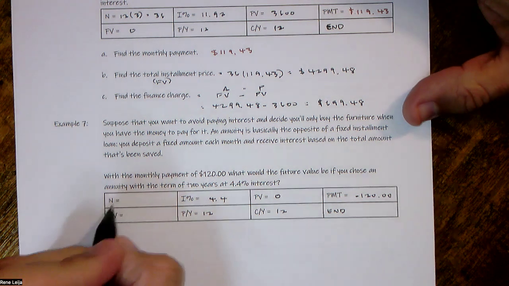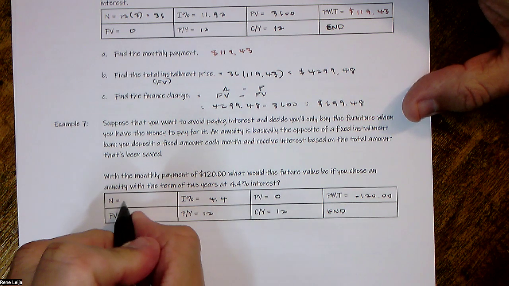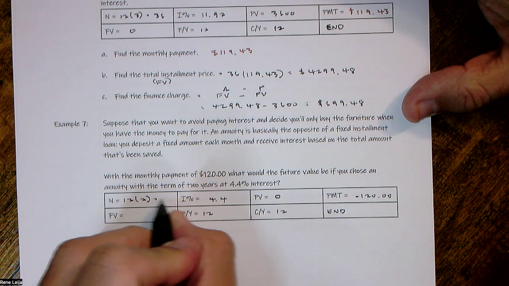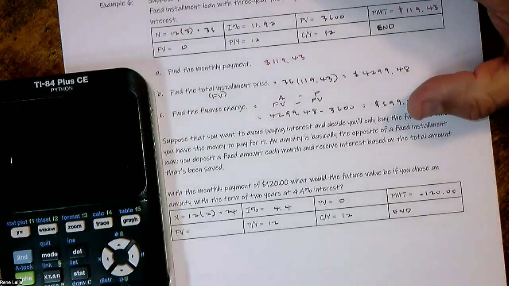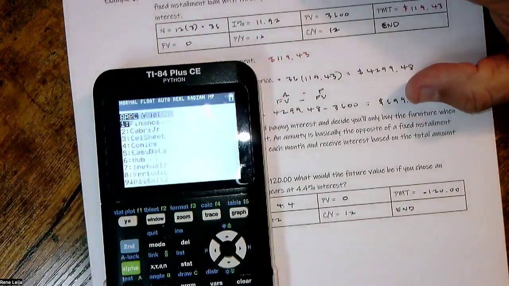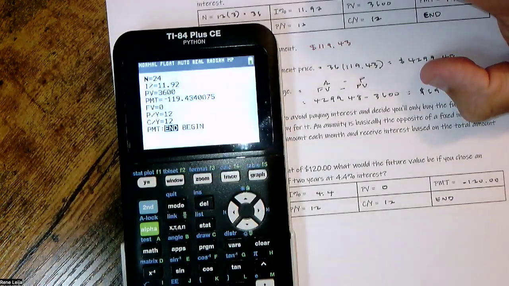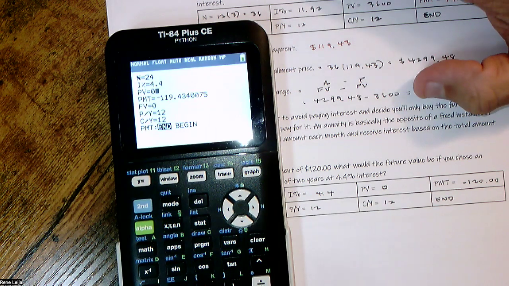Now, big N, well, we're making monthly payments, so that's compounded monthly. For how long? Well, 2 years. So that's 24. Let's get back into our TVM solver. So we've got big N at 24. Our I% is 4.4. Our PV is 0. Our payment is negative 120.